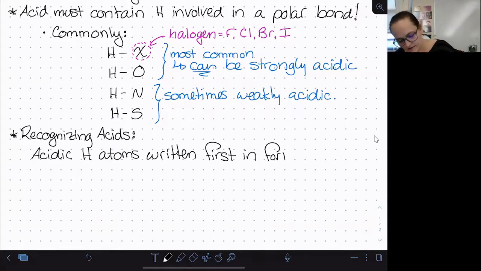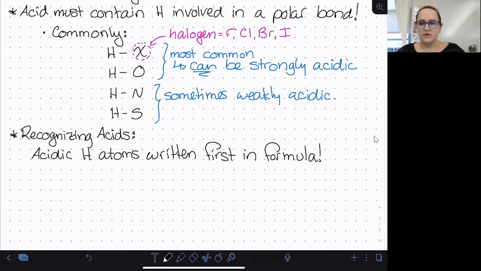This is not a rule that is obeyed 100% of the time, particularly organic acids tend to deviate from that. But for the things that we'll be working with, it is typical that any acidic hydrogens are written first in the formula.